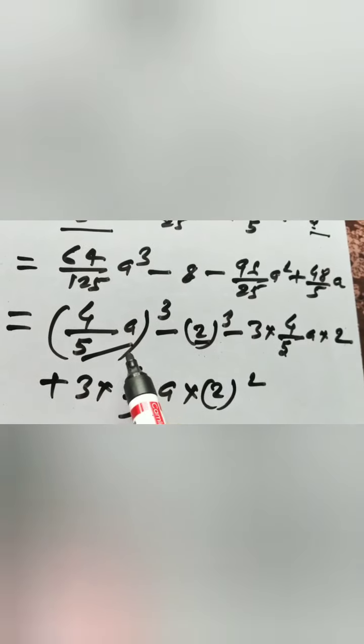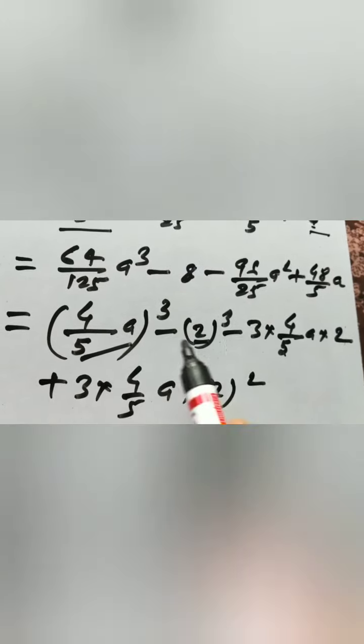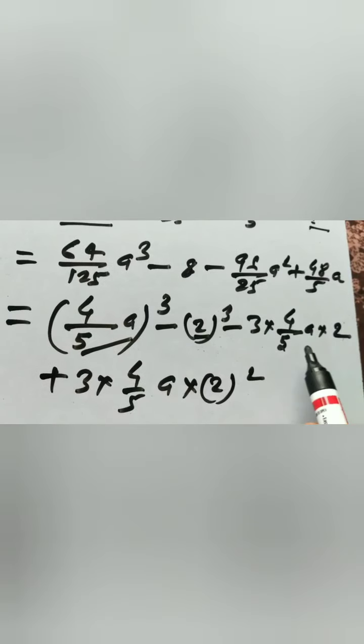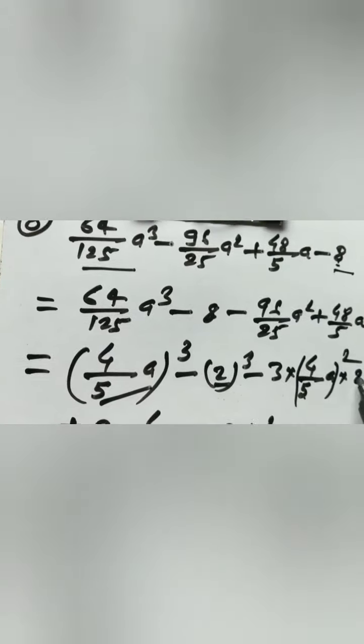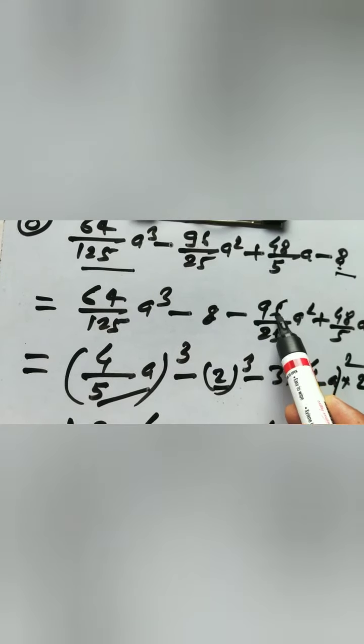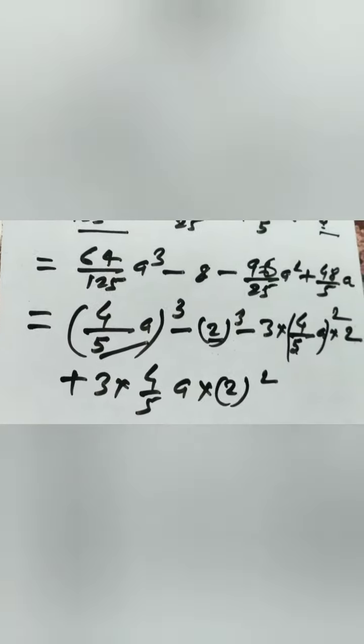Then it is in the form a cube minus b cube minus 3a square b. Okay, 4 square is 16, 16 times 3 is 48, 2 times 48 is 96, so it will become this term.